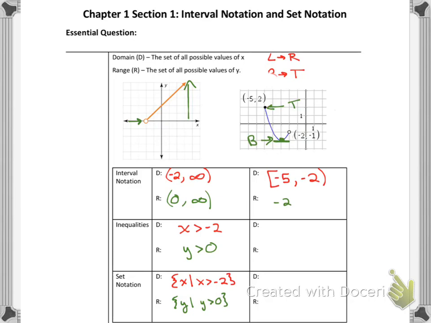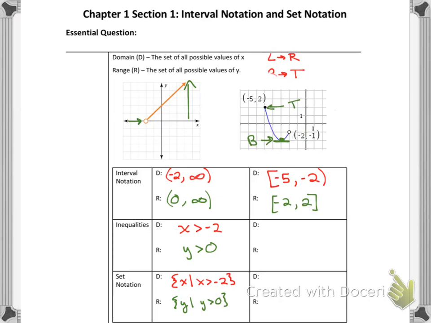All right? So if it's not open, it's closed, and that's it. End of story. Now the top value is at 2. So you put a comma and then 2. I just said that the bottom is closed. The top is clearly closed, so they both get brackets. Okay, so if you have questions over that, make sure you're writing it down on the side, right? Very specific questions that you can ask when you get to class.